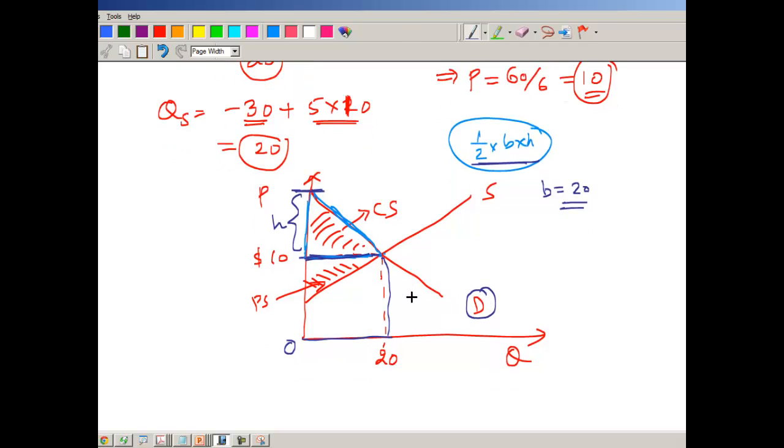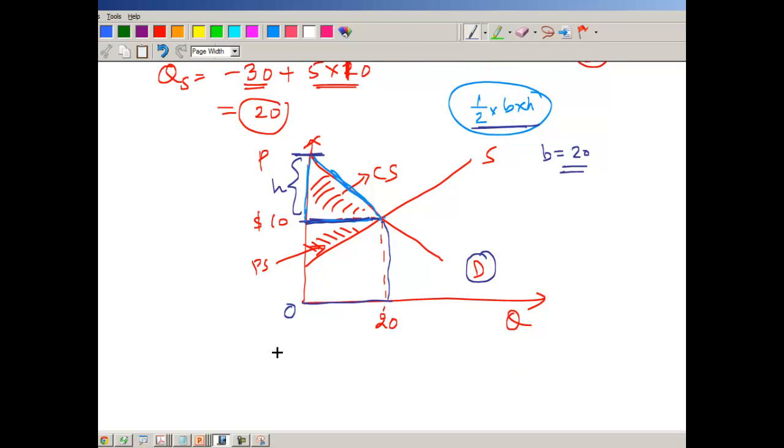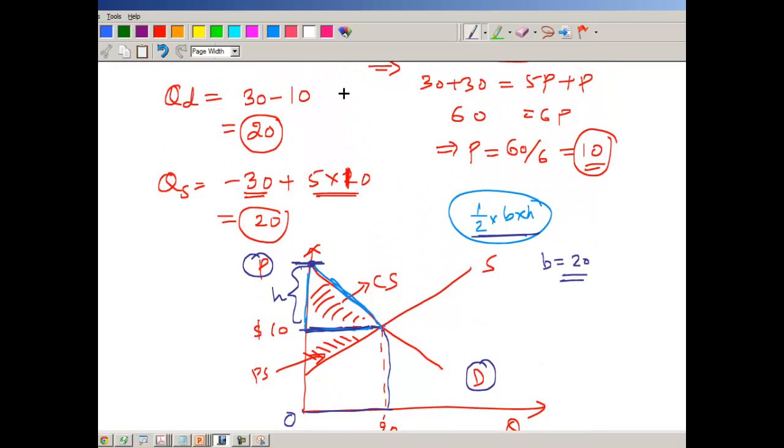So think about it, this is your demand function. In the demand function, when the quantity is becoming 0, you will reach this point, the price. So we have to get what is the price when the quantity is 0. So how you can get it? You have the demand function, 30 minus price.